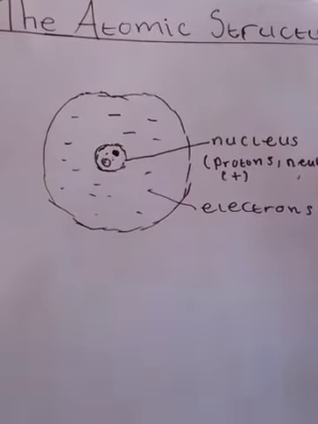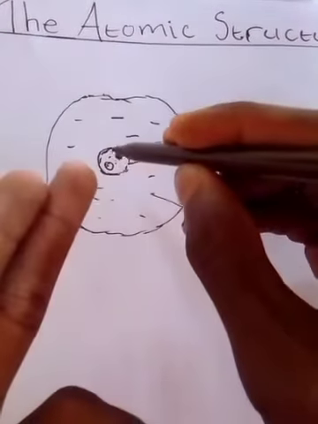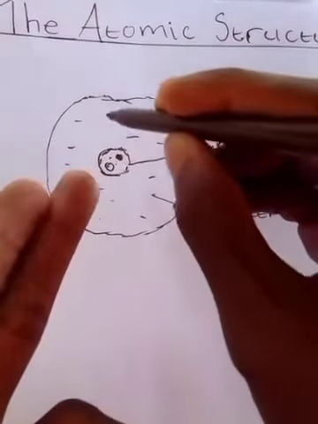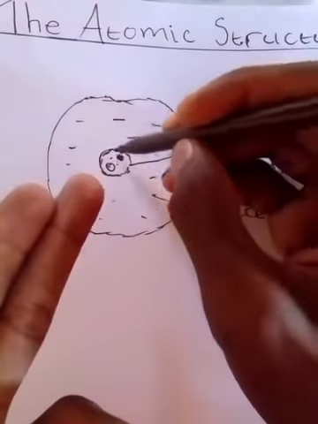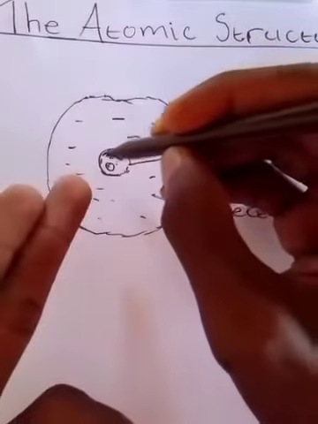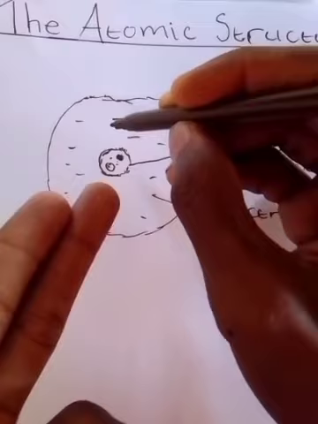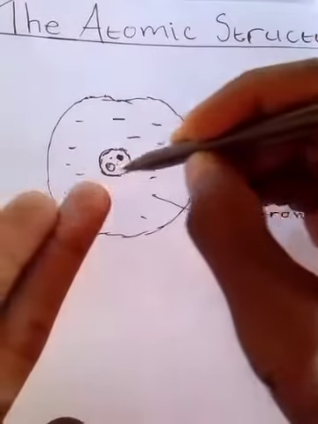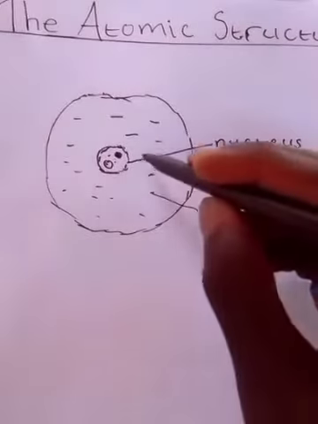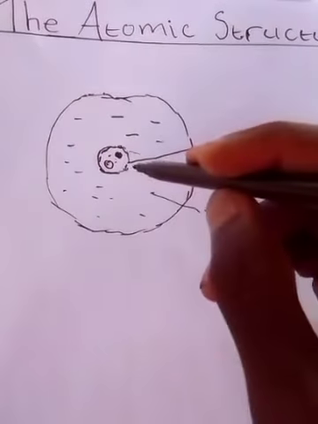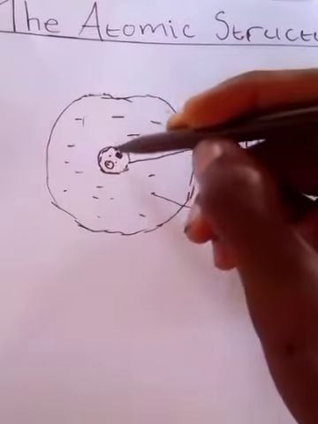So now, for the fact that what surrounds the positive protons are negatively charged, a force of attraction is created between the electrons and the protons, and that force of attraction is what makes the electrons to be around this nucleus that we have here. It is what makes the electrons to be pulled towards the nucleus.